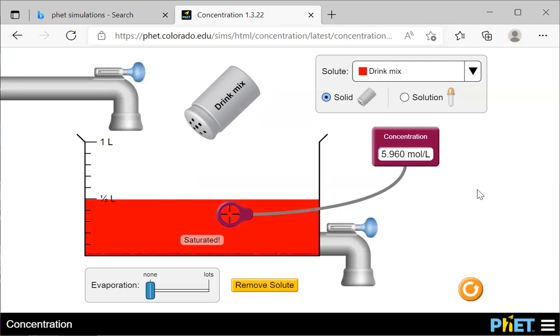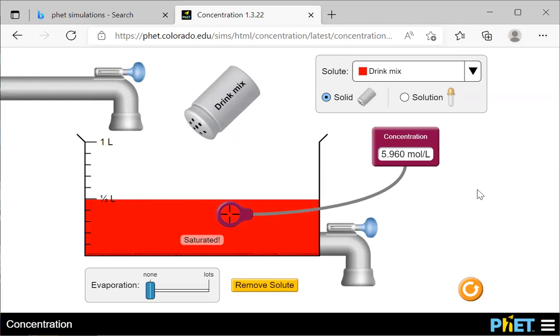So you can see here that even if we add more solute by shaking the drink mix, once your solution is saturated, the concentration remains the same at its new concentration.